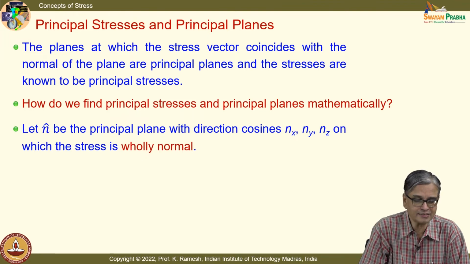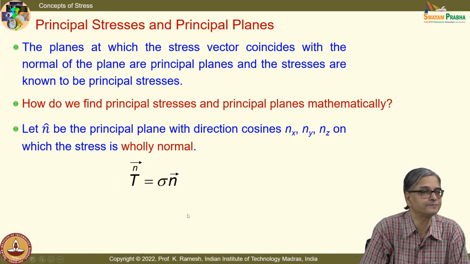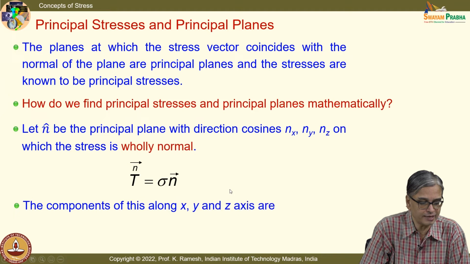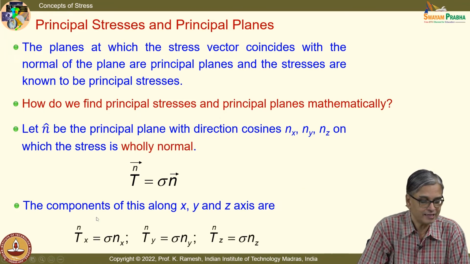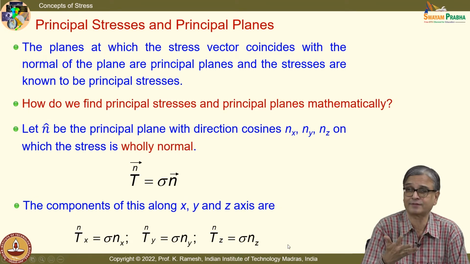And I want the stress vector to be in this form, which could be identified from the Cauchy's formula. I have Tn equal to sigma n, and the components of this along x, y and z axis are specified: the x component is sigma nx, y component is sigma ny and z component is sigma nz. This is what I want.